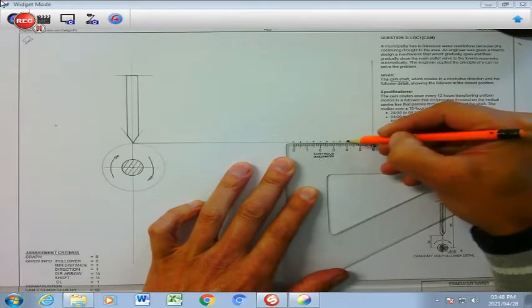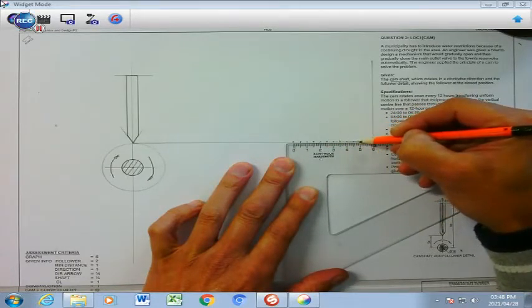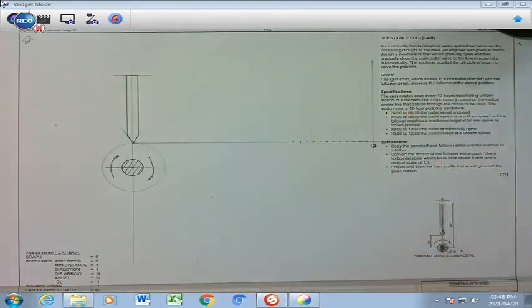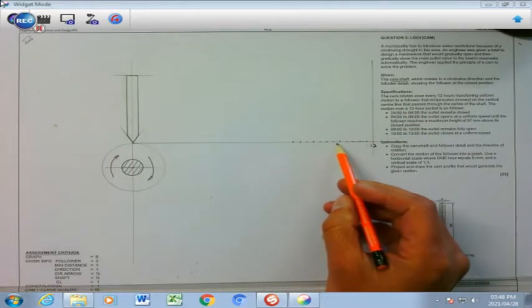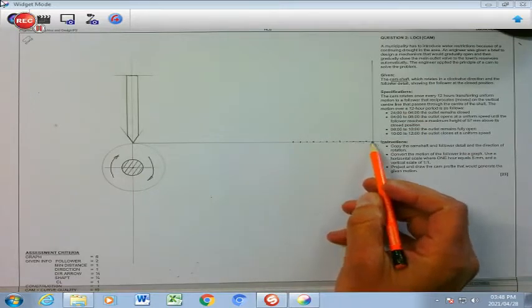And you can count it afterwards and ensure that the amount of spacing that we have is in fact 12. 1, 2, 3, 4, 5, 6, 7, 8, 9, 10, 11, 12.